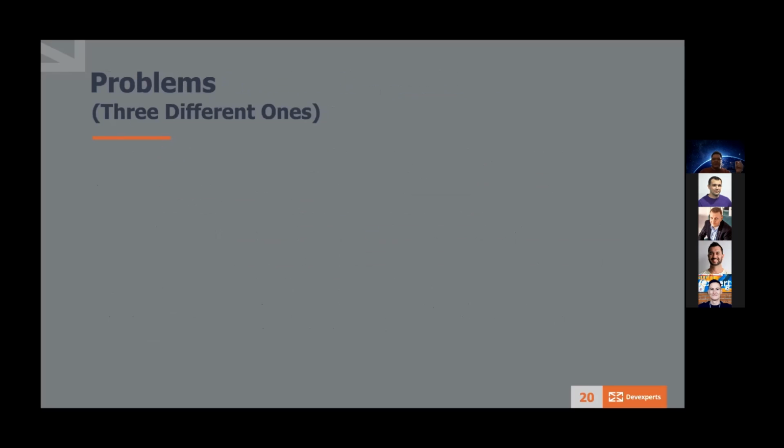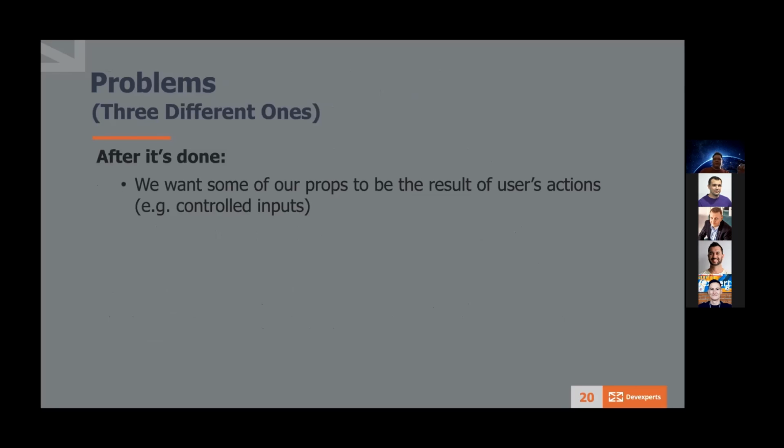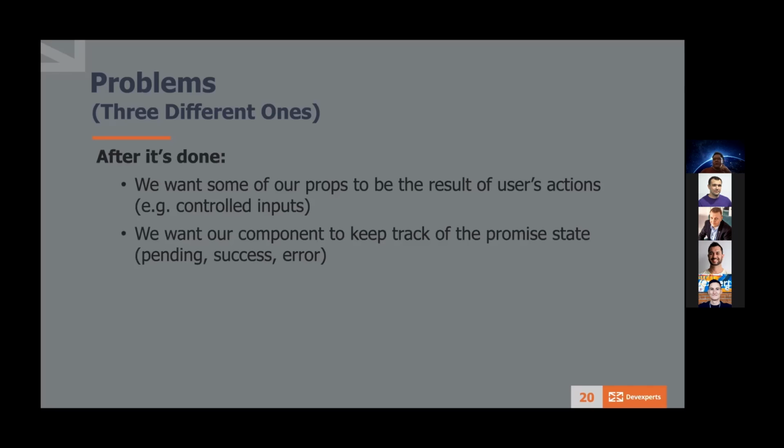So next, after what we've done, we still have some problems. We want some of our props to be the result of users' actions, like controlled inputs, and it's okay. We want our component to keep track of the promise state, like pending, success, error. When we acquire some data, we want the component to display that it's waiting for the response, it got a response, or there was an error, and we want to show this to the user.